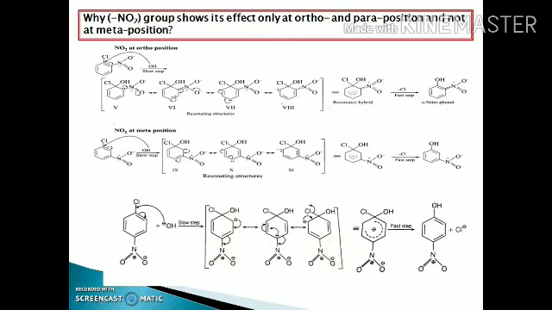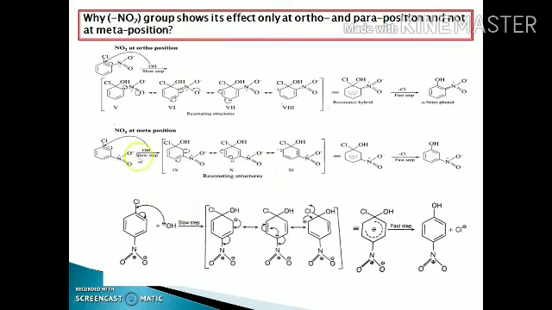But in case of meta-nitrobenzene, none of the resonating structures bears the negative charge on the carbon atom bearing the nitro group. Therefore, the presence of the nitro group at the meta position does not stabilize the negative charge, and no effect on the reactivity is observed by the presence of the nitro group in the meta position.